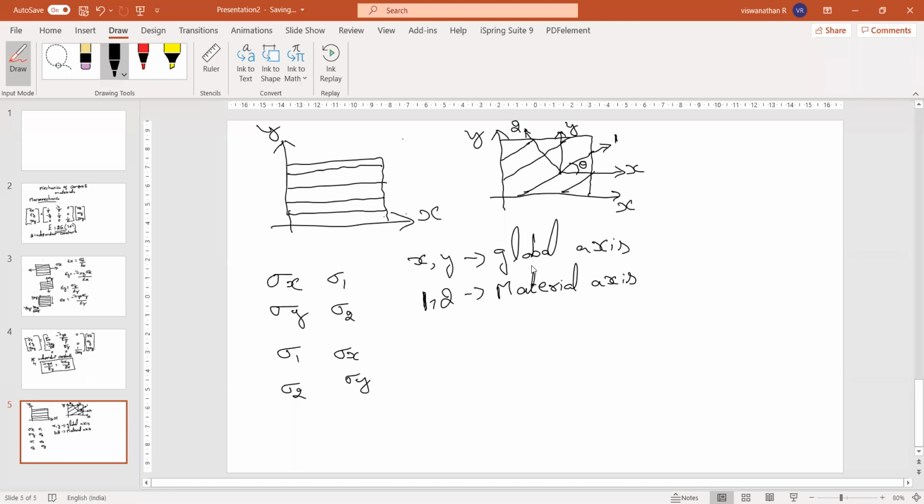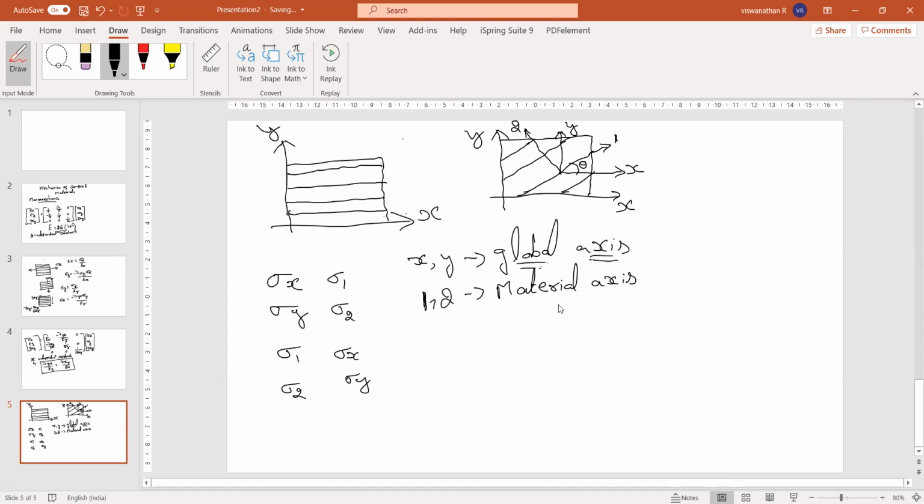You need to have a relation between global axis and material axis, because why do we worry about global axis? Because you are applying load in that direction. Not necessarily, but usually we do that, because global axis is what we know.